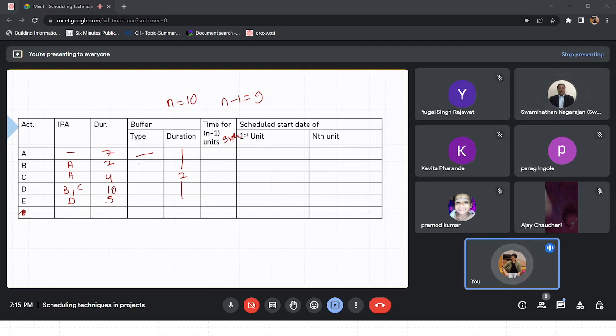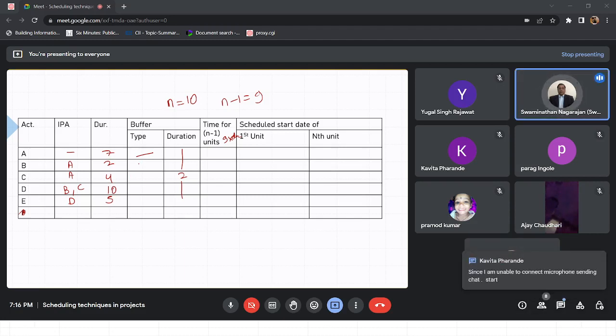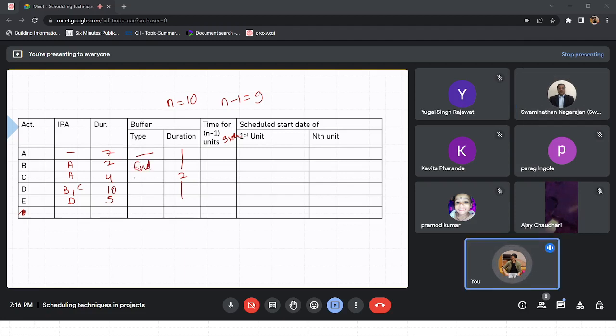Should it be an end type buffer or a start type buffer? We have to compare the duration. B's duration is 2 units, which is less than that of A. So you can't have a start buffer; you have to have an end buffer. Does anybody have any confusion in this part?